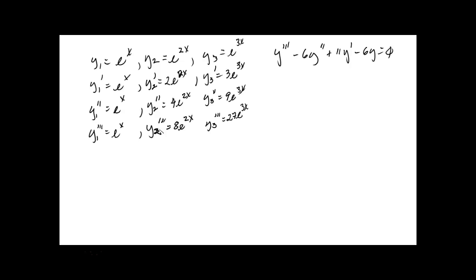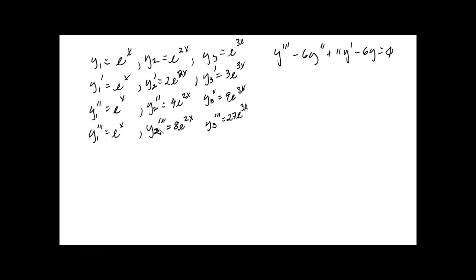Now let's do this one. 8 minus 24 would be minus 16, plus 22 would be plus 6, minus 6, that's 0.